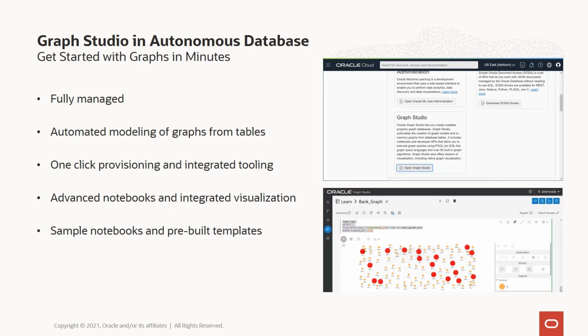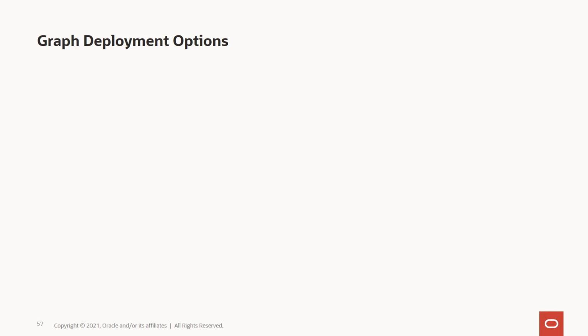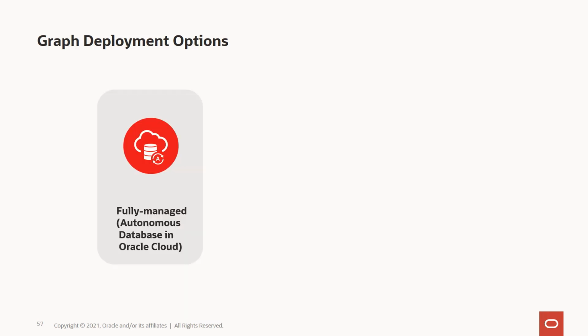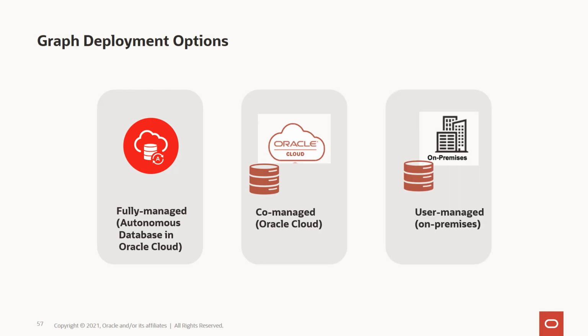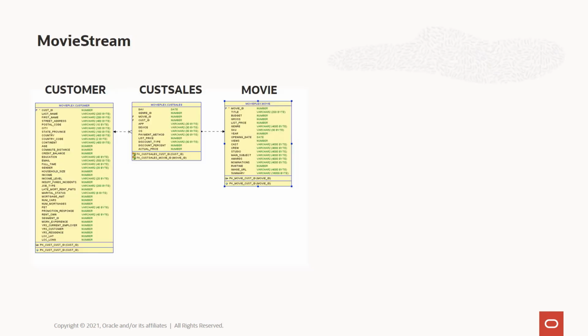And the Graph Studio can be invoked right from the Autonomous Database console, and you can get started in minutes to model your graph and do interesting analytics and queries on your graph. So it's very, very easy to get started with using graphs when you use the Graph Studio feature in Autonomous Database. So that's what you'll be using in this workshop, the Graph Studio feature of Autonomous Database, but you also have graphs available in other deployment options. For example, if you have a user-managed database on premises, you can use the Oracle Graph feature there as well.